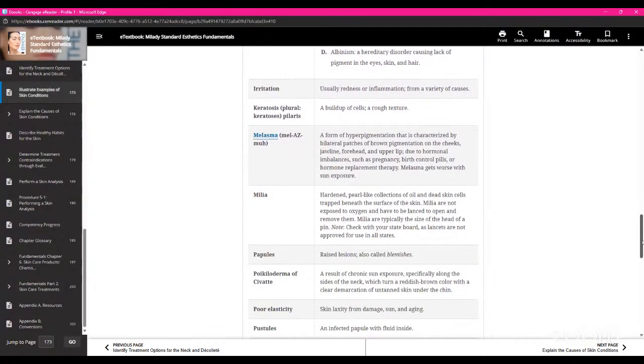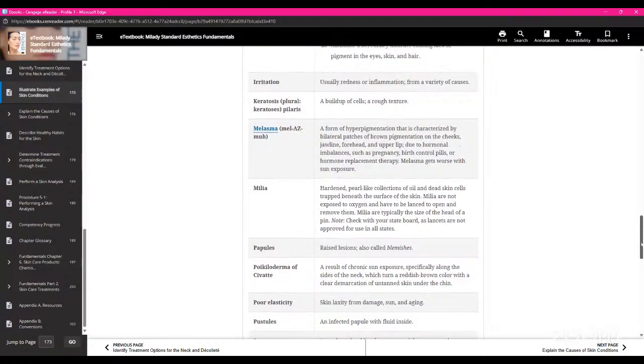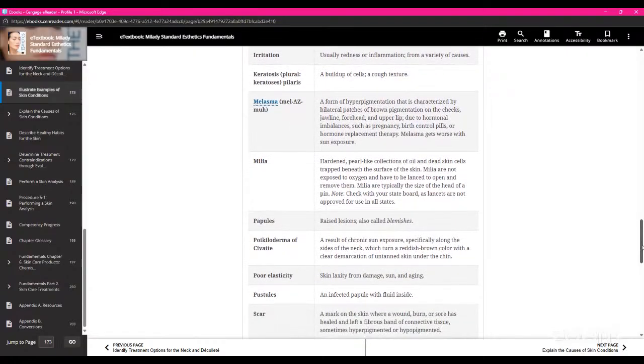Keratosis, again, when you see keratin, keratosis, hyperkeratosis, we're inducing rough texture. It should tell you that something is not soft like it's supposed to be. Melasma is one of those things that we're going to continue to talk about. More and more research about melasma has come out, and a lot of it is due to hormonal side effects from birth control, from the shots to the pills.